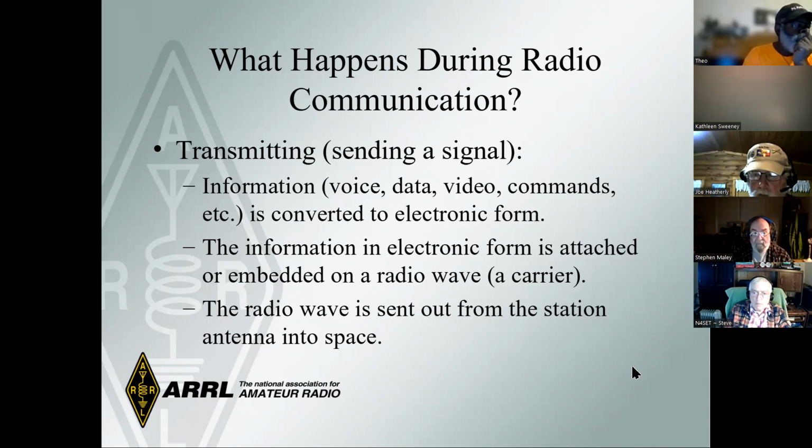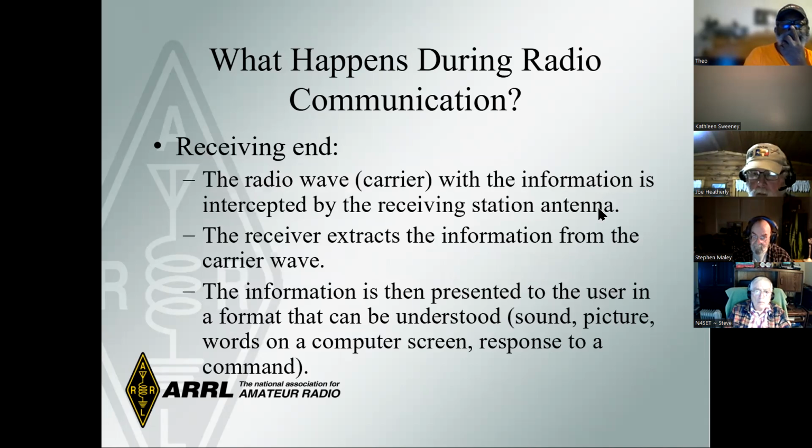The information in electronic form is attached or embedded on a radio wave, which is called a carrier. The radio wave is sent out from the station antenna into space. On the receiving end, the radio carrier with the information is intercepted by the receiving station antenna.